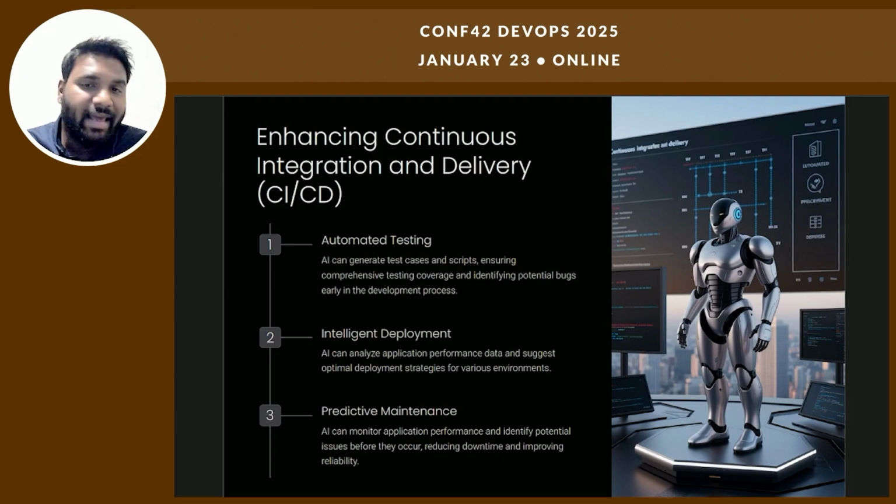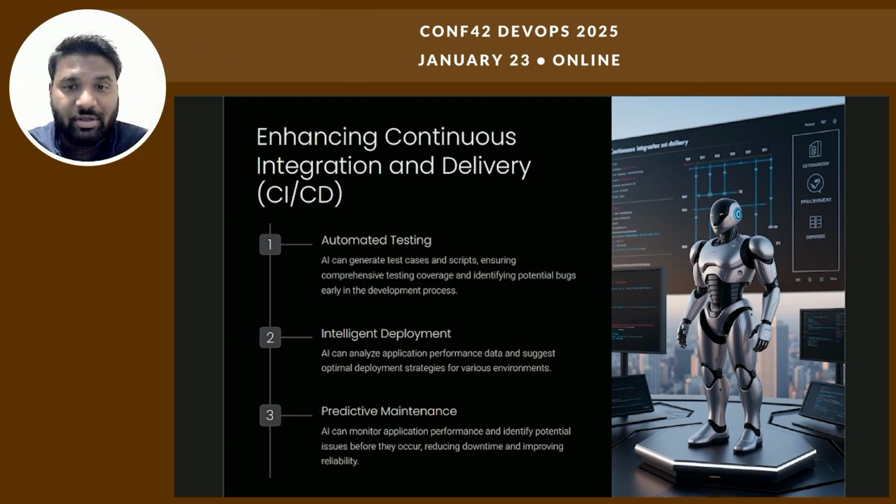And AI-powered deployment tools analyze performance data to recommend optimal strategies for scaling and deployment. And predictive maintenance is one other area that we can improve with AI. Predictive maintenance monitors systems to identify and address issues before they actually happen.